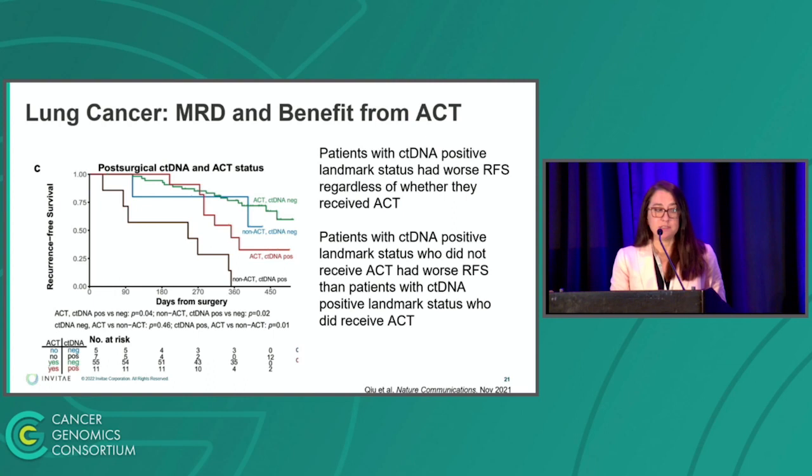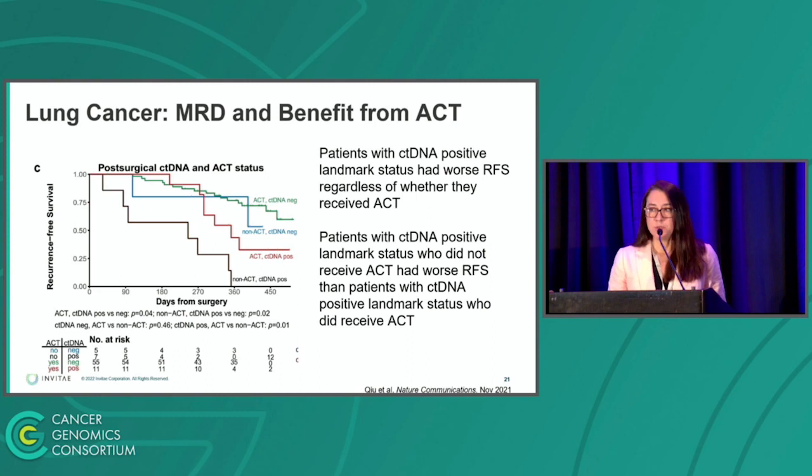This next study is very similar to the last one. This is from an academic group that enrolled a little over 100 patients with early stage non-small cell lung cancer. They looked at similar things as the last study and very, very consistent results. But what I wanted to show you is one thing they did looking at whether or not patients received adjuvant chemotherapy. So sort of thinking, how can we backtrack this information to lead to more clinical trials and how to use the test?